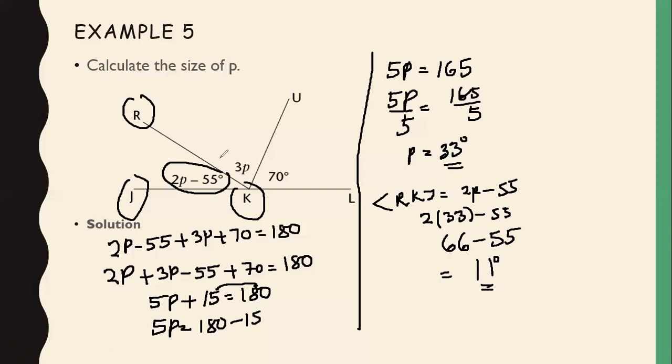Now, we'll talk about the types of angles very soon, which I believe we did some time ago, but I'll still reiterate that. Angles less than 90 degrees are acute. Those greater than 90 but less than 180 are obtuse.